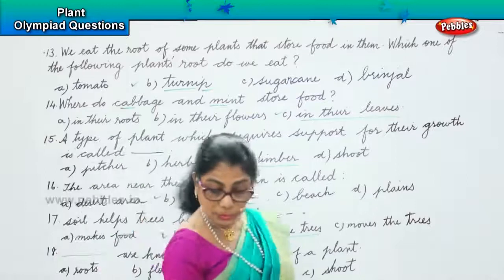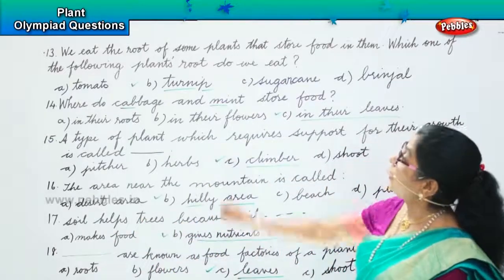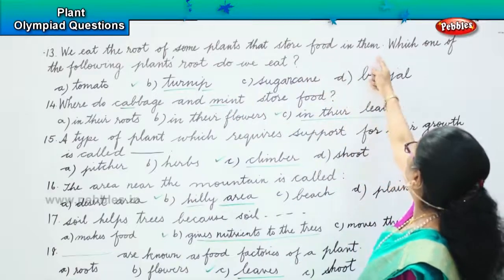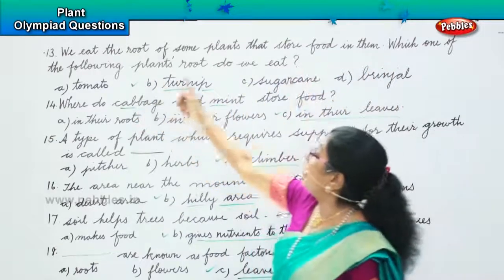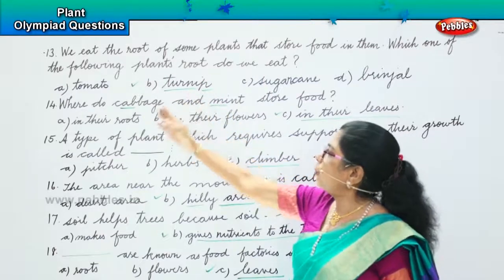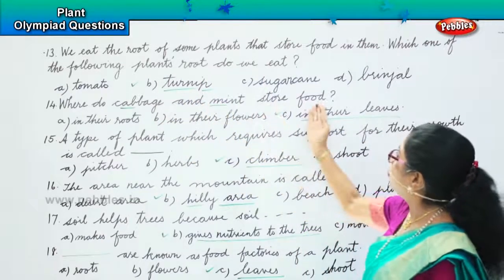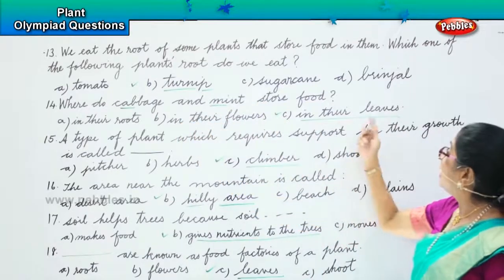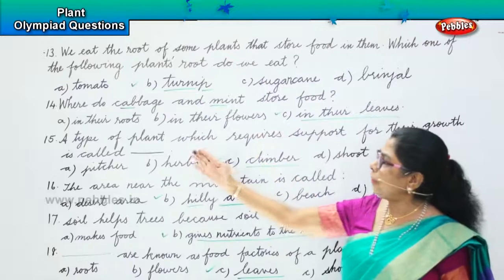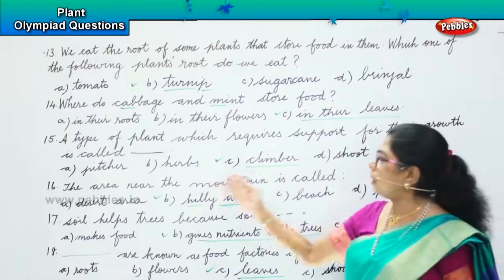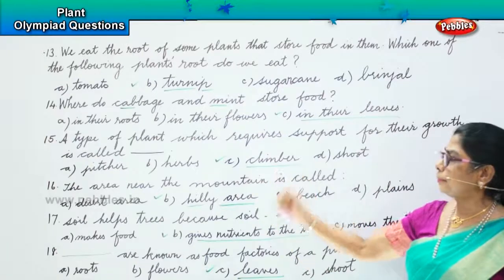Now let's look at all the answers here. We eat the root of some plants that store food in them. Which one of the following plant roots do we eat? Turnip. Where do cabbage and mint store food? Cabbage and mint store food in their leaves. A type of plant which requires support for their growth is called a climber.